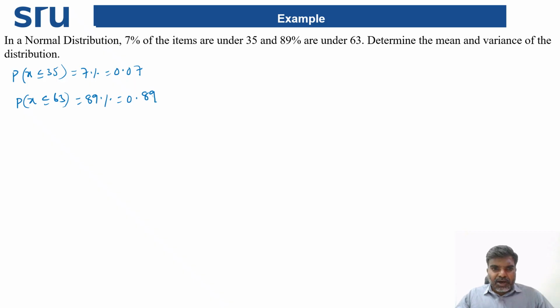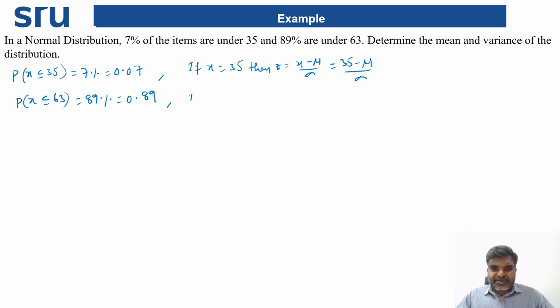Okay. Now, if x equal to 35, then what is z? Z equal to x minus mu by sigma. We know x. So 35 minus mu is unknown, sigma is also unknown.